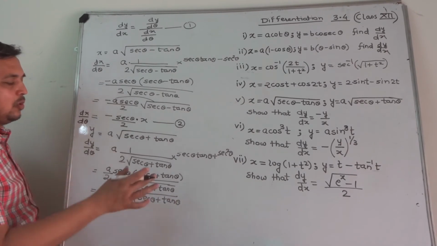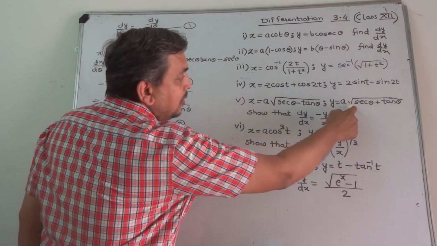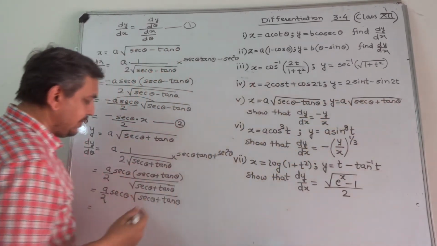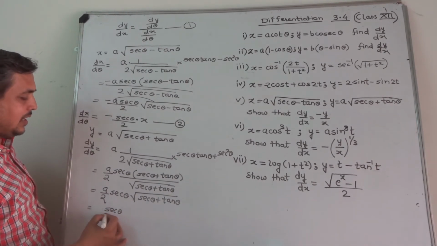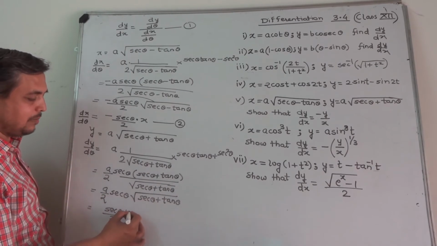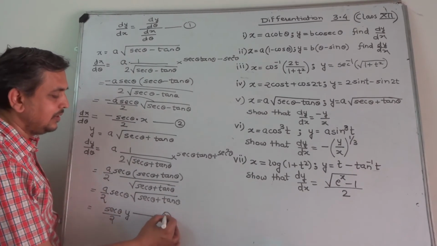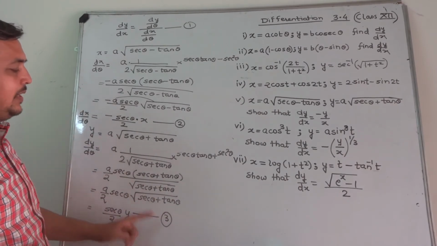And what is this a root of sec theta plus tan theta? It is equal to y. So we write this as sec theta upon 2 as it is, and a into root is replaced by y. This is number 3. Now we have found number 2, we have found number 3.